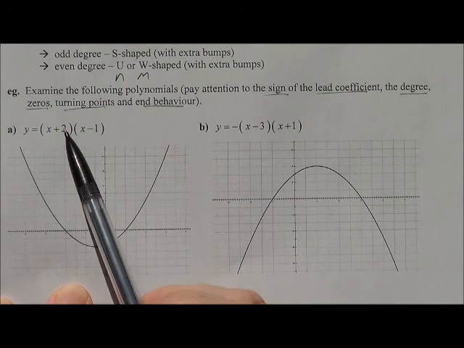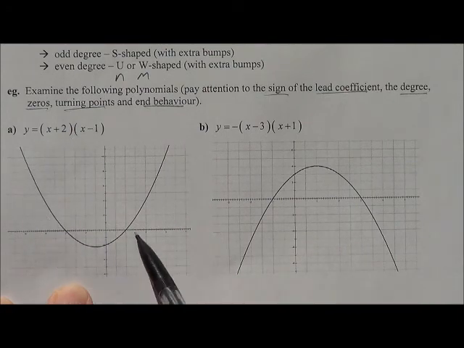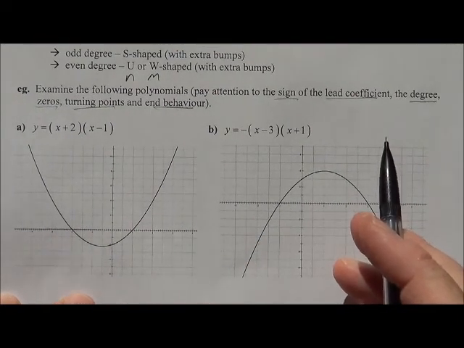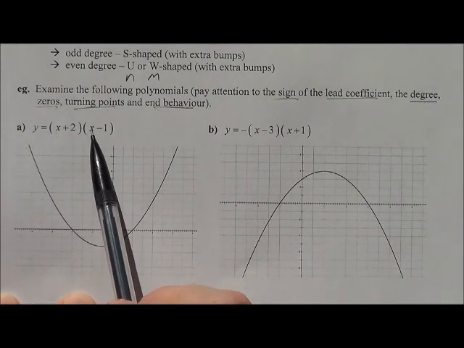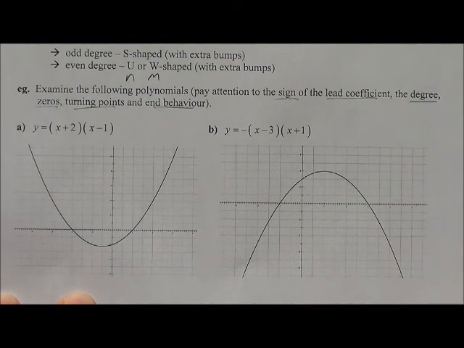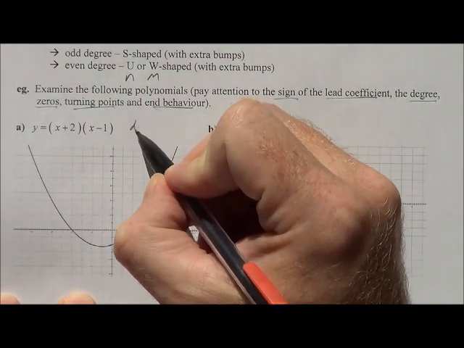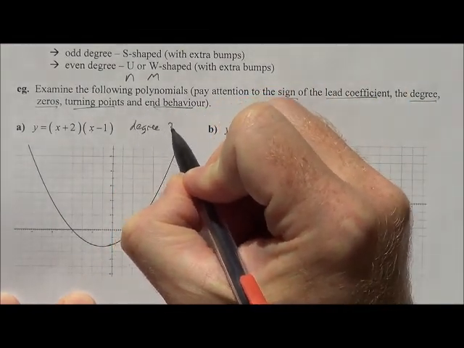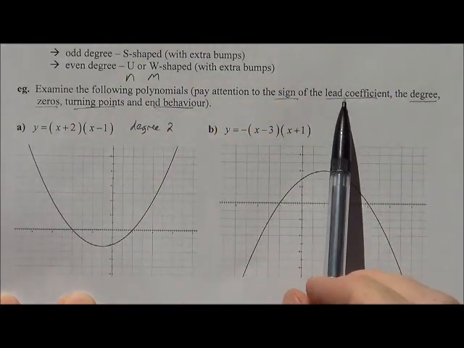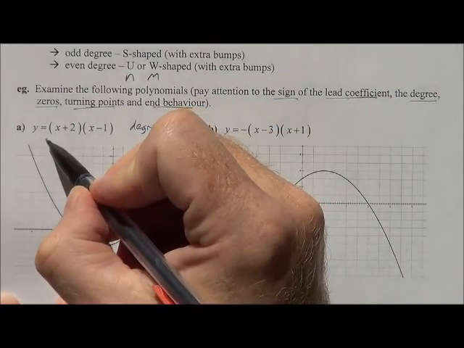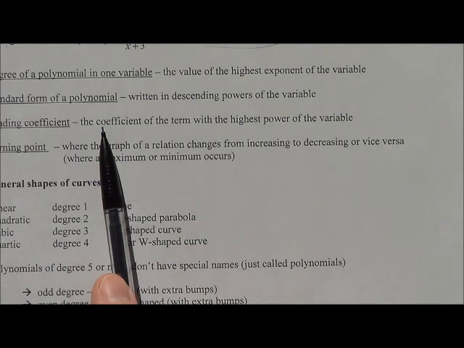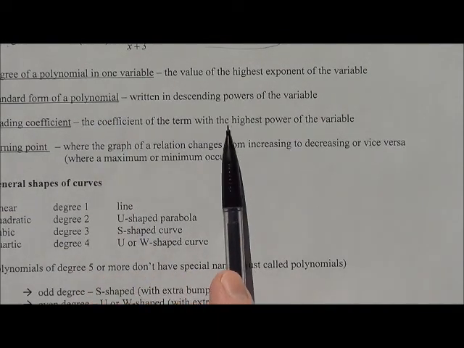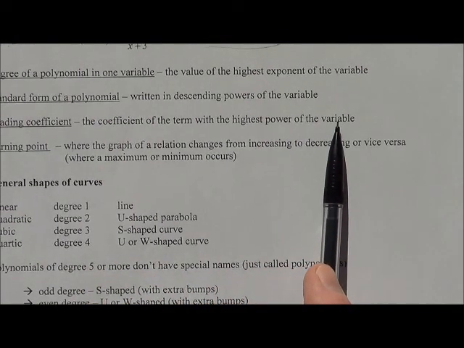We notice here that the shape is obviously a parabola, so it's a quadratic, and if we're multiplying two x's together, we're going to have an x squared. So the degree is 2. The lead coefficient would be the coefficient of the term with the highest power of the variable.